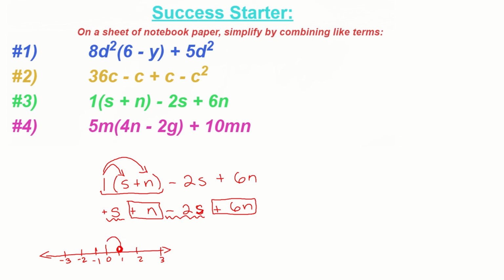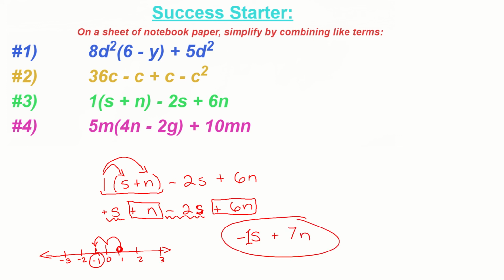So let's make a jump. 1, 2 jumps. So I am at negative 1S. So when I say S minus 2S, I am left with negative S or negative 1S. All right. And now this plus N plus 6 more of them gives me 7N.